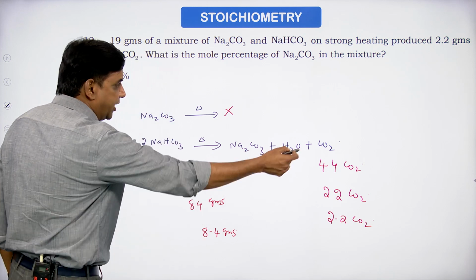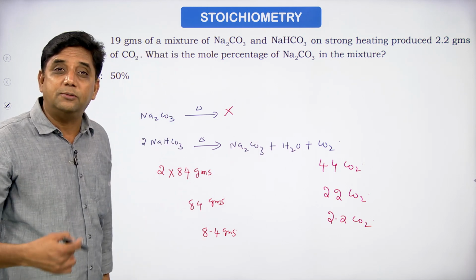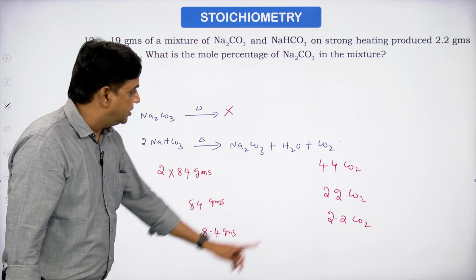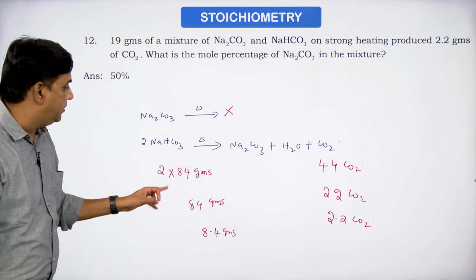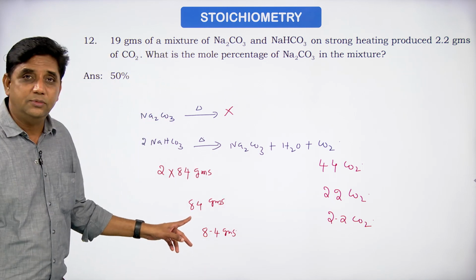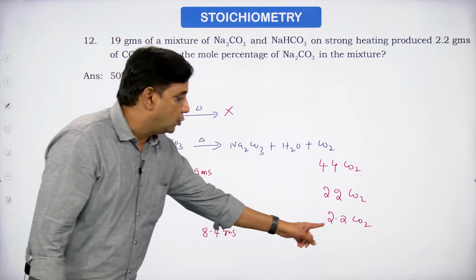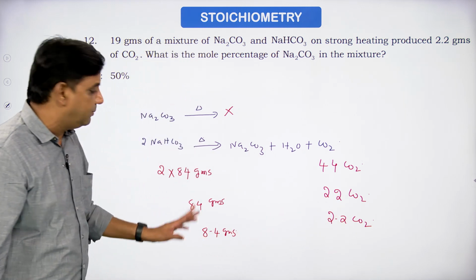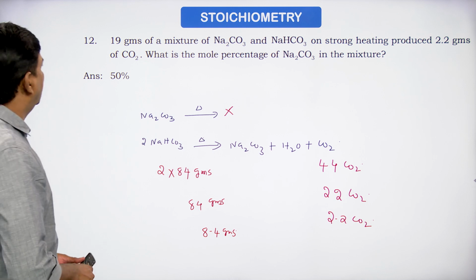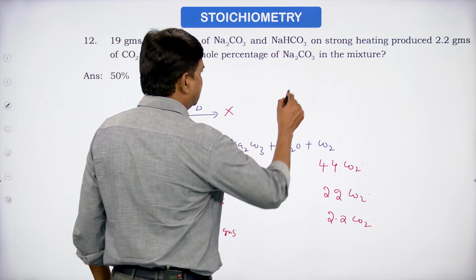Now, this is the stoichiometric equation. Stoichiometric equation means a balanced chemical equation. According to this balanced chemical equation, 44 grams of CO2 is given by 2 into 84 grams. Therefore, 2.2 grams is given by how many grams? 8.4 grams. So, total how many grams? 19 grams.